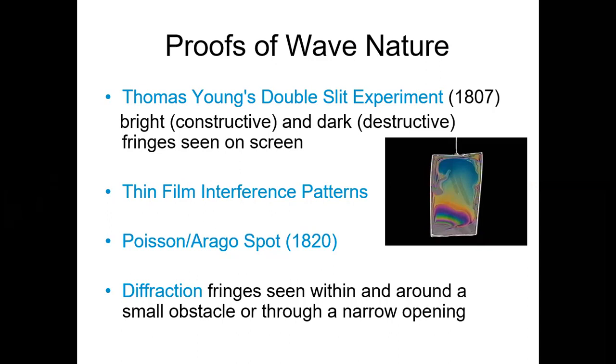In it, Young proved that light travels in the form of a wave. Similarly, interference in thin films is another important experimental evidence which confirms the wave nature. And of course, the next chapter, diffraction, also confirms the wave nature of light. All these are experimental proofs for Huygens theory that light can travel in the form of waves.